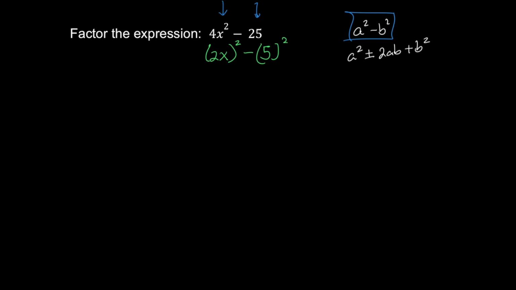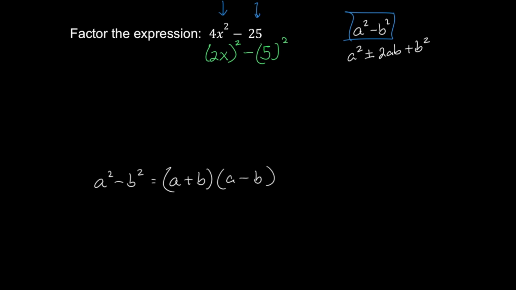So after writing it like this, I can tell that both terms are perfect squares. Therefore, it does follow the a squared minus b squared pattern. And according to the pattern, a squared minus b squared is a plus b and a minus b.